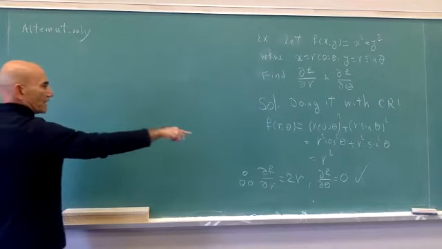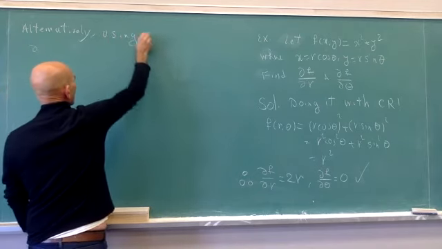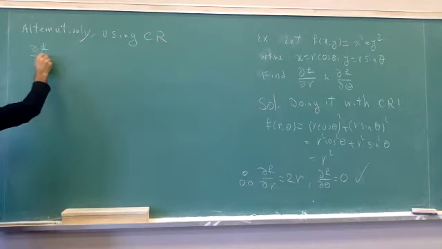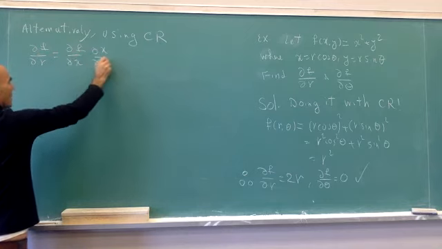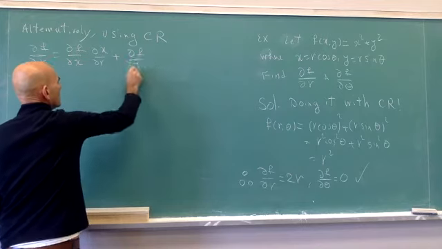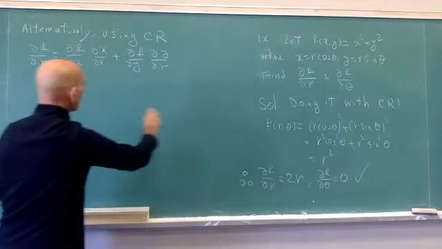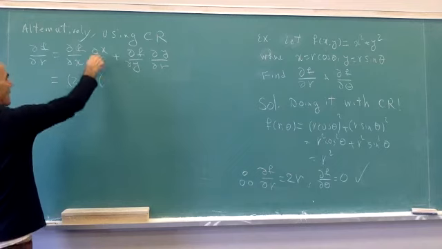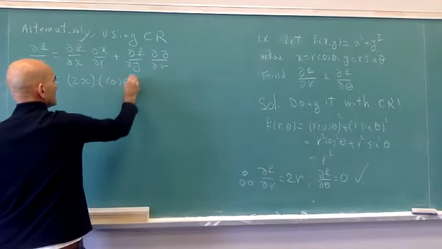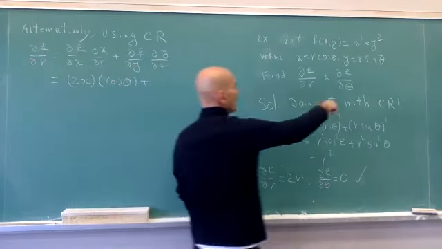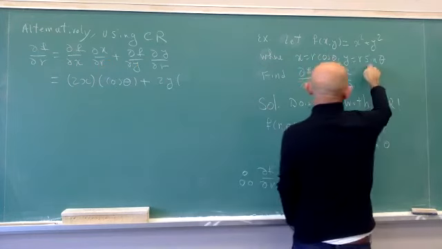So alternatively, we can just say df dr, using chain rule, we have df dr is equal to df dx dx dr plus df dy dy dr. Okay, so let's see what we get. df dx is 2x, and then dx dr is cosine of theta. df dy is 2y, dy dr is sine of theta.